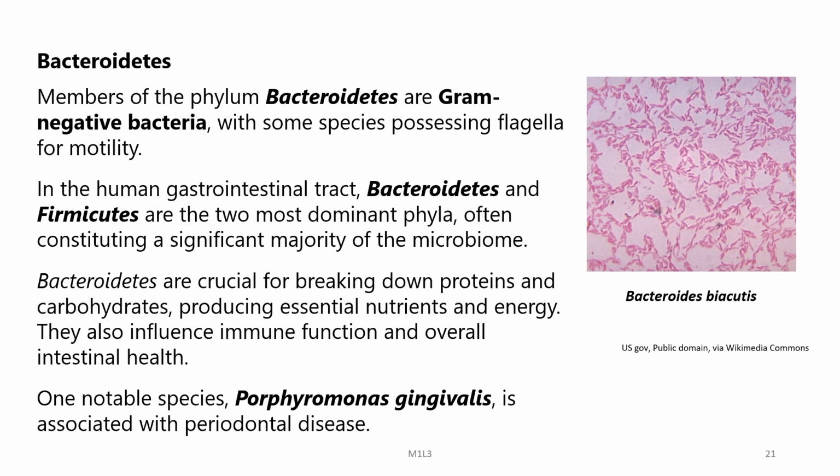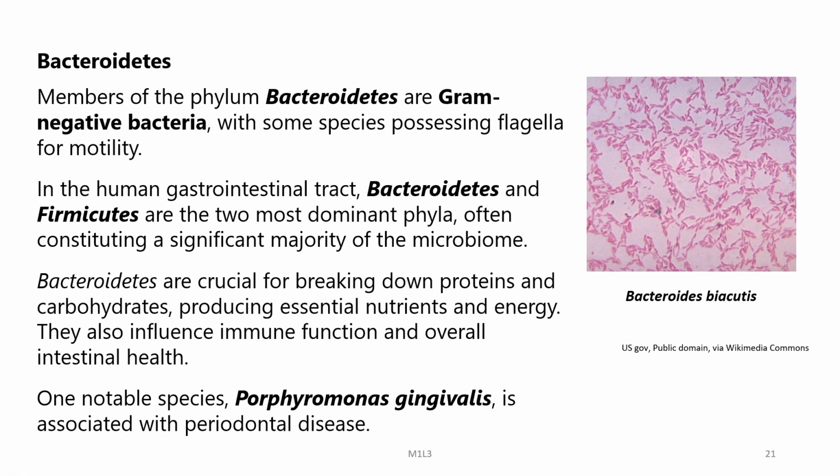Bacteroidetes. Members of this phylum are gram-negative bacteria with some species possessing flagella for mobility. In the human gastrointestinal tract, Bacteroidetes and Firmicutes are the two most dominant phyla, often constituting a significant majority of the microbiome.